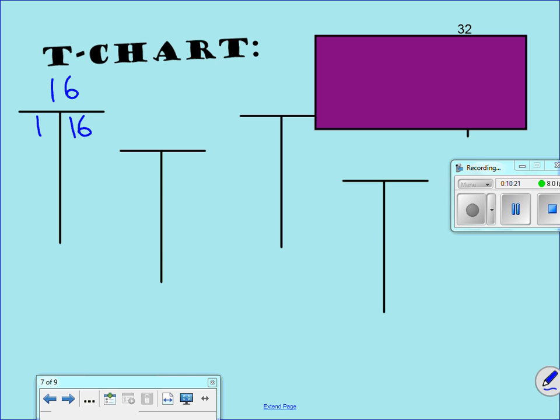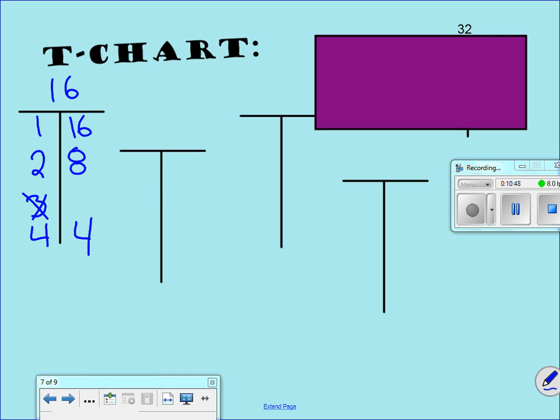Next, does 2 go into 16? Of course, yep. We have 2 times 8 equals 16. Does 3 go into 16? 3 goes into 15, but not 16. What about 4? Does 4 go into 16? Yes, 4 times 4.